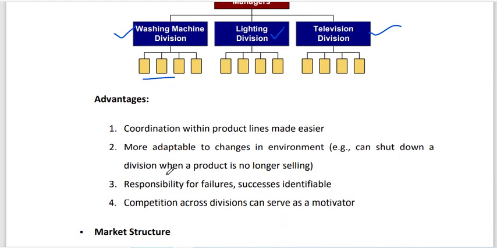Okay, what are the advantages? Coordination within the product lines is made easier. Why? Because we only have to make the employees in the washing machine division coordinate. So coordination with the other employees is made easier. More adaptable to a changing environment. Why?